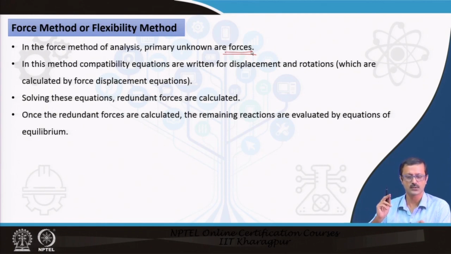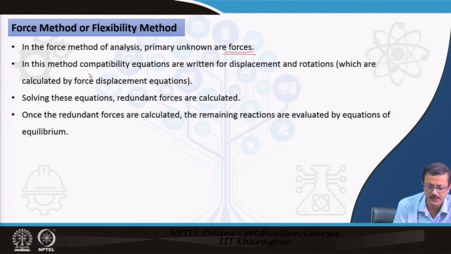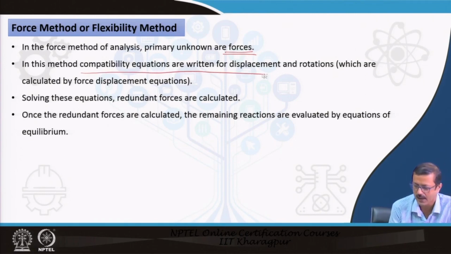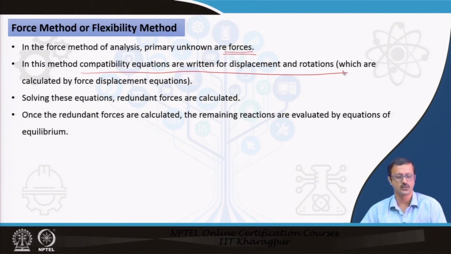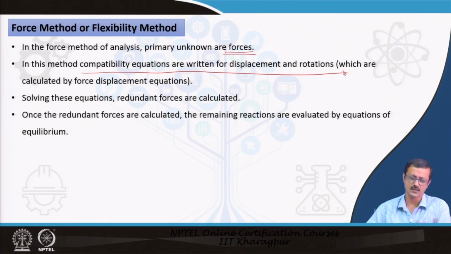In this case the unknowns are forces, and in this method compatibility equations are formed, where the deflections or the displacements and rotations are known to you. Solving these equations, redundant forces can be calculated, and once the redundant forces are calculated, the remaining portion of the beam or structure can be evaluated by equilibrium conditions.